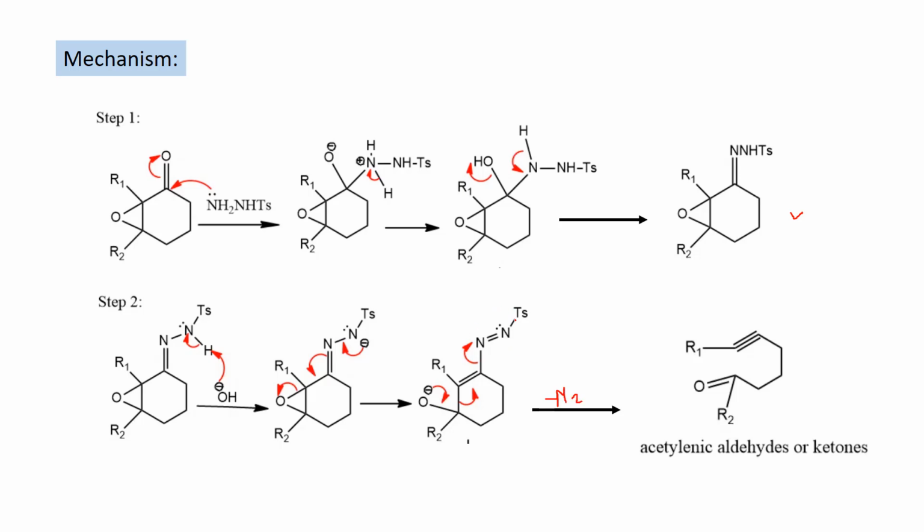This N2 eliminates from the system, and we get this acetylenic aldehyde or ketone. I will show it once again, just try to get the movement of the arrows.